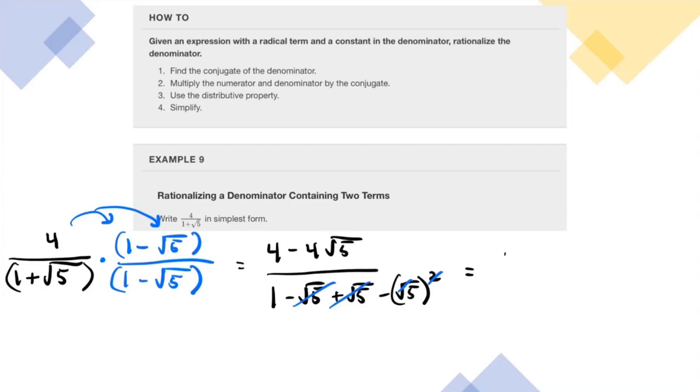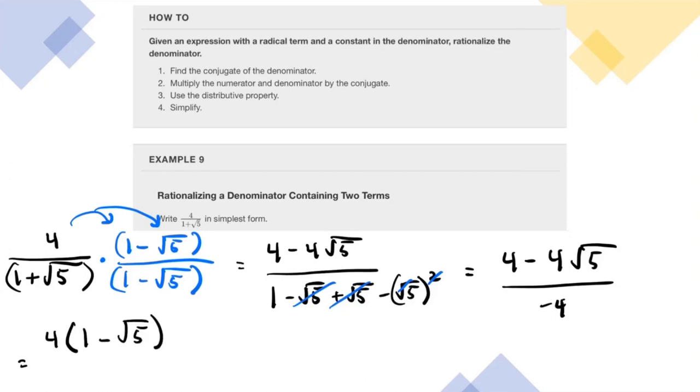So on top, we still have 4 minus 4 square root of 5. On bottom, we have a negative 4. I'm going to factor out 4 from everything. On top, if we factor out a 4, we're left with 1 minus square root of 5. On bottom, if we factor out a 4, we have 4 times a negative 1.